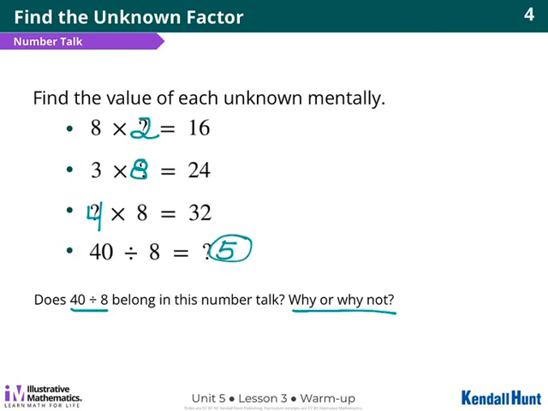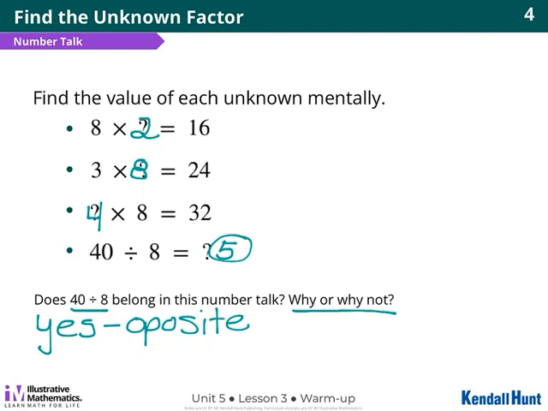Hadley: I think that it does belong because technically it still has something to do with multiplying. So technically you're just doing it backwards. Okay, we would call that the inverse operation or the opposite.